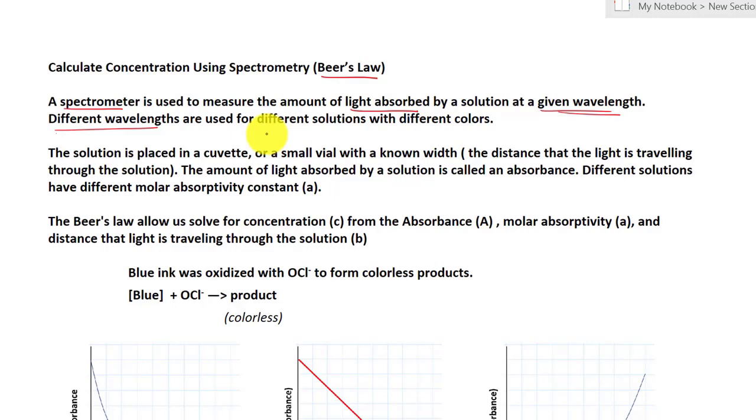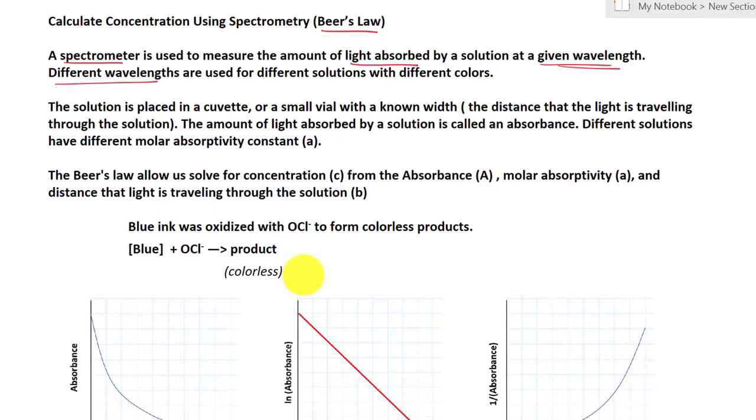Before we talk about that, let's talk about what is happening in a spectrometer. First of all, we put a solution in a cuvette. A cuvette is basically a small vial with a known width. So basically I have a vial, and we know the distance from here to there.